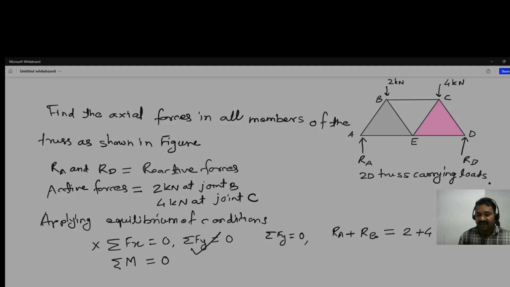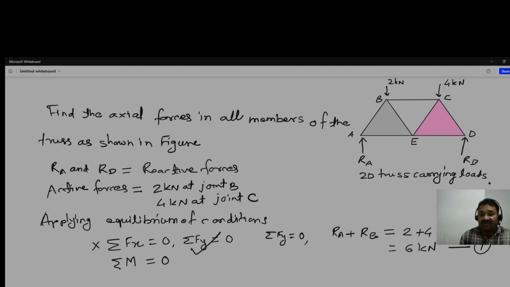These are acting downwards, that's why negative direction, and equating, 2 plus 4 is equal to 6 kilonewton. Okay, this is one equation.